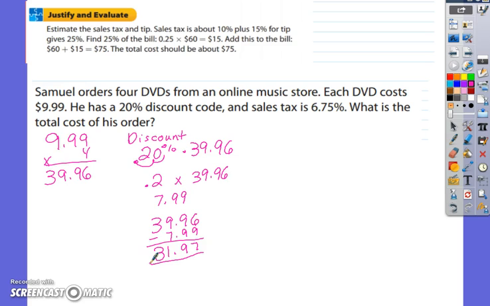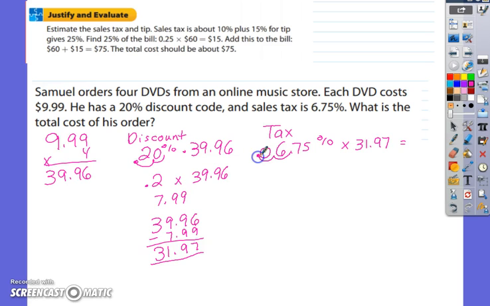All right, so now we have $31.97, and we need to figure out the tax. So the tax is 6.75%, and we're going to multiply that by the $31.97. So the percent needs to be changed to a decimal, so we move the decimal 2 places to the left.